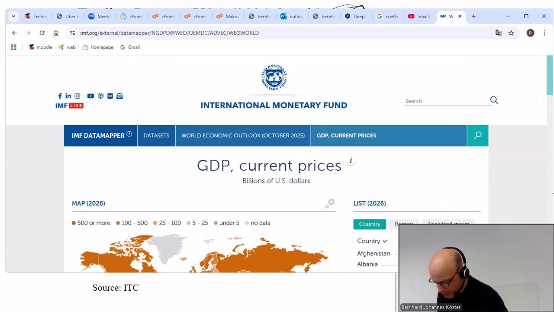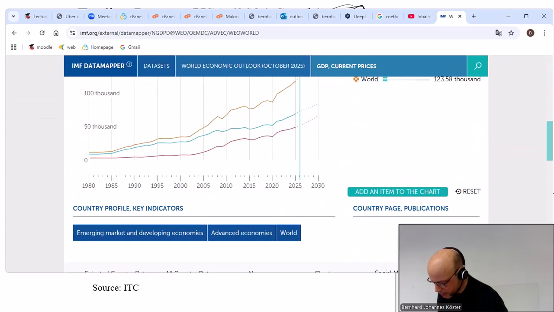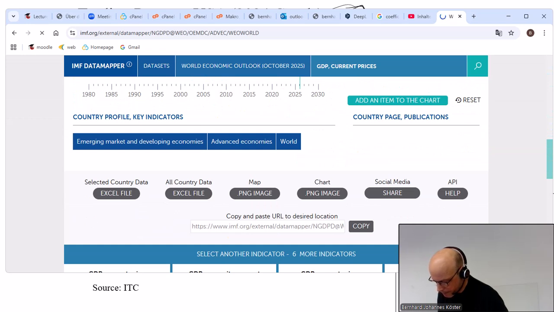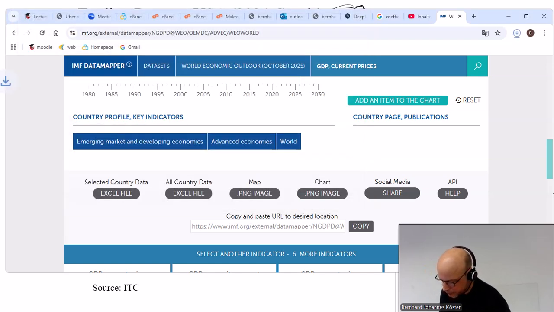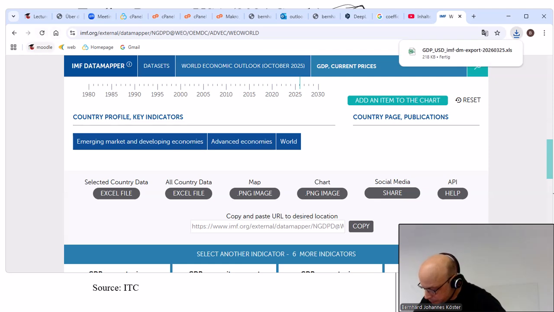GDP in current prices. Now let's download this. All data. And open.